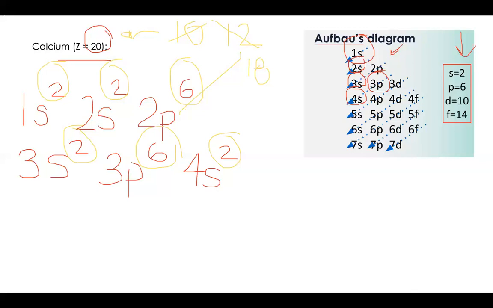So we have 2, 4, 10, 12, 18, and 20. Once I have the amount of electrons equal to the atomic number, it means that I will stop my electron configuration and this will be my final answer. So the electron configuration for calcium, which has an atomic number of 20, will be 1s2, 2s2, 2p6, 3s2, 3p6, 4s2.